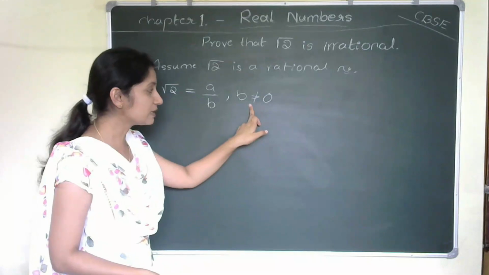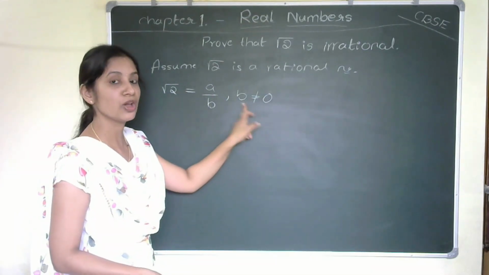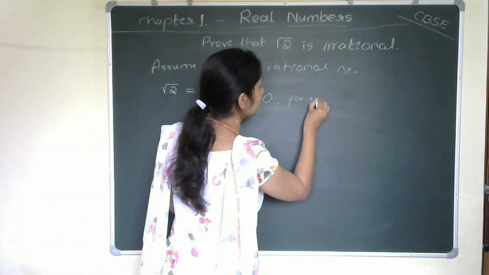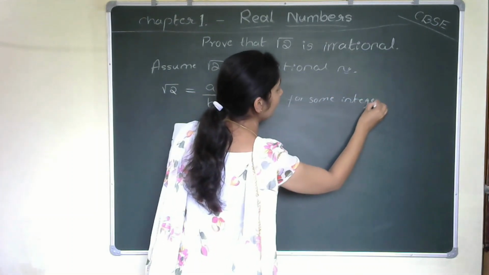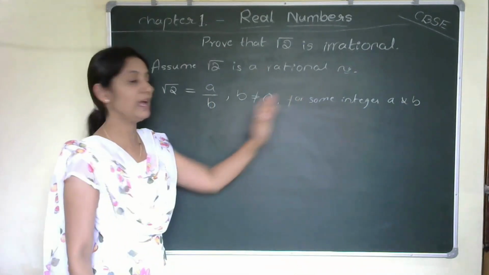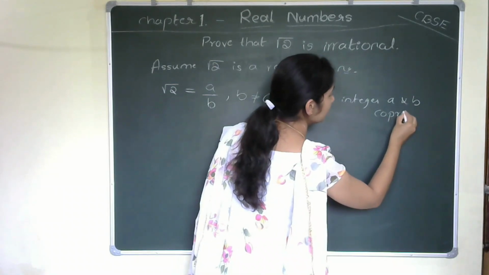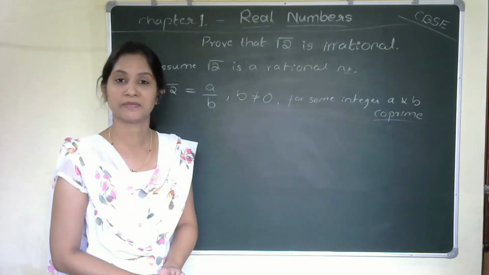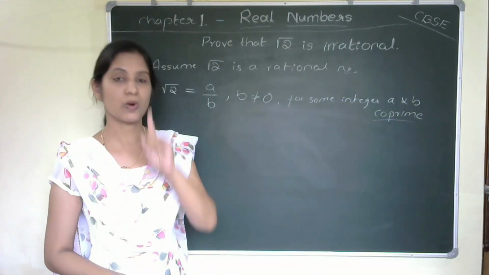So it must satisfy the condition a by b where b is not equal to 0 for some integers a and b, and also a and b are co-prime. Please note that a and b are co-prime. That means a and b have the common factor 1.